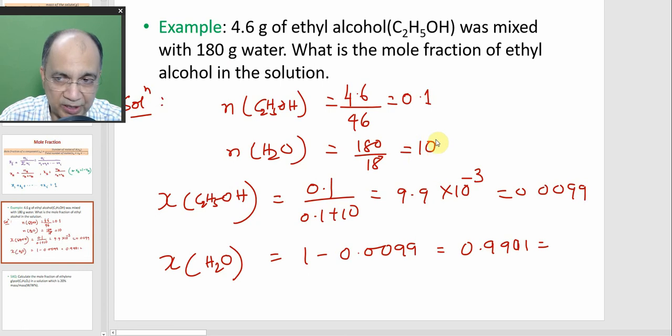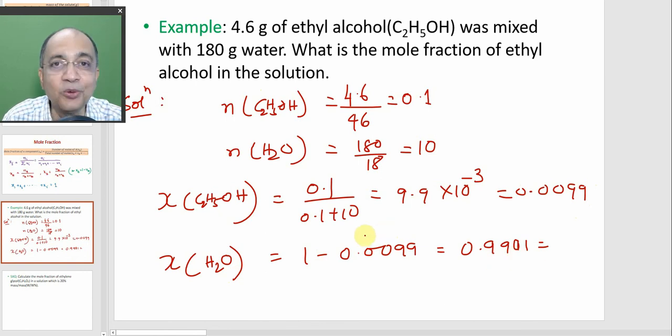So these are mixed. So the mole fraction of ethanol is equal to number of moles of ethanol, that is 0.1, by total 0.1 plus 10, that is 10.1, and the mole fraction of ethanol is as low as 0.0099. So low. And the mole fraction of water is 1 minus this, it is 0.9901.